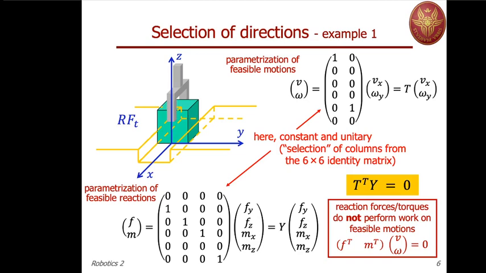So rows by linear and angular velocity, and columns by forces and momentum. So this is a very important relation, which guarantees that we are making a consistent model, because reaction forces do not produce work on feasible motion. This is the concept when the contact is rigid. Of course, I should never forget the underlying assumption.